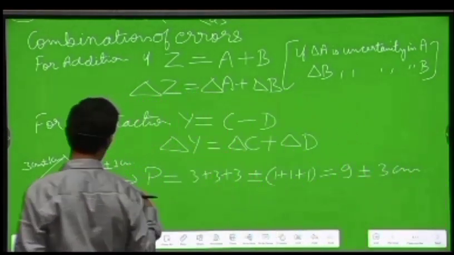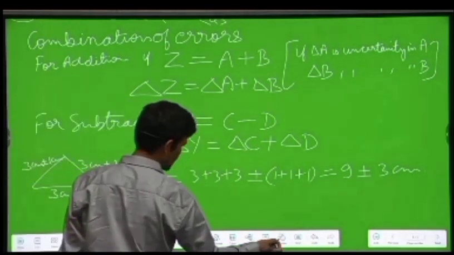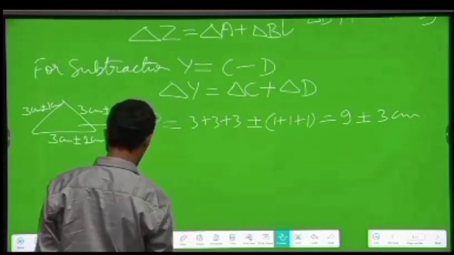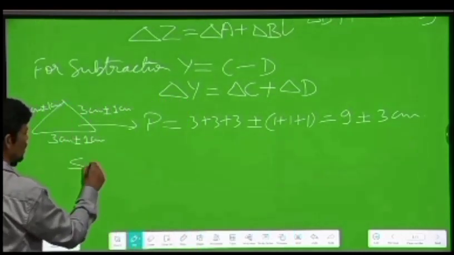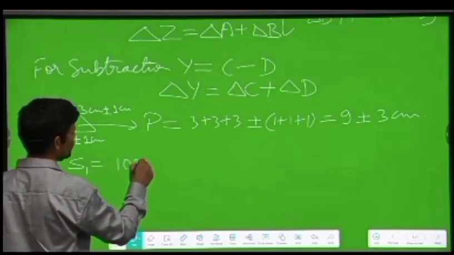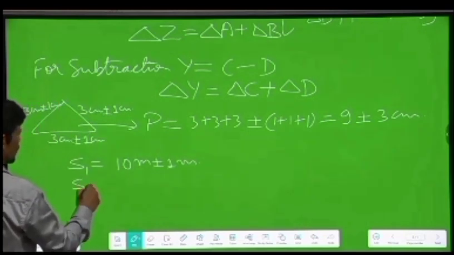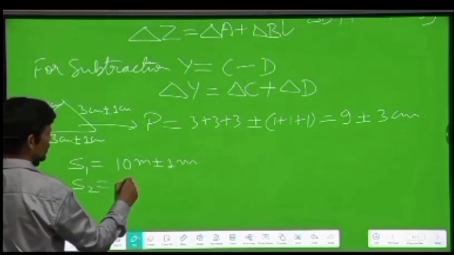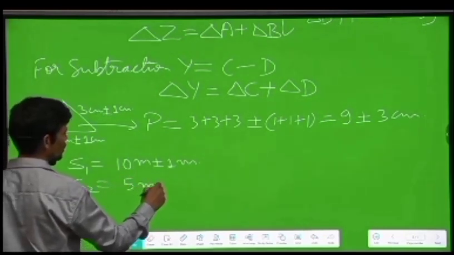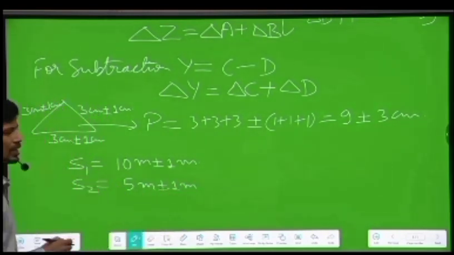And if it is the case of subtraction, maybe we want to subtract two displacements. So earlier displacement was S1, and that is 10 meter plus minus 1 meter, and S2 is let us suppose 5 meter plus minus 1 meter in the opposite direction to that of S1.